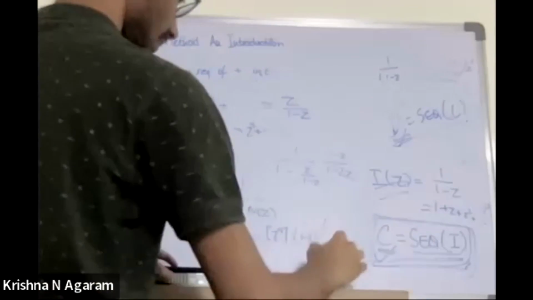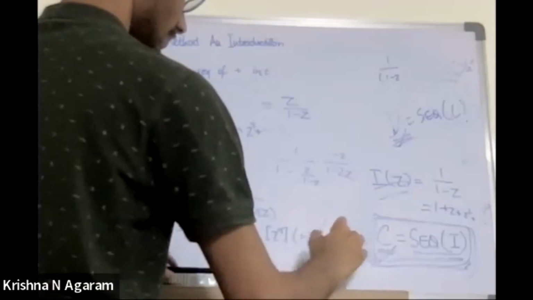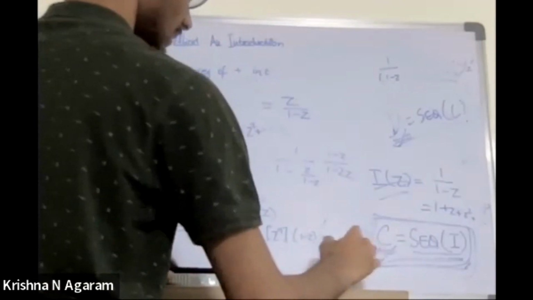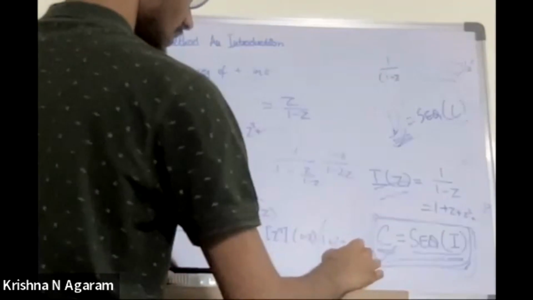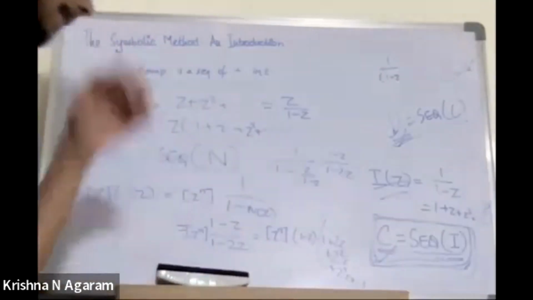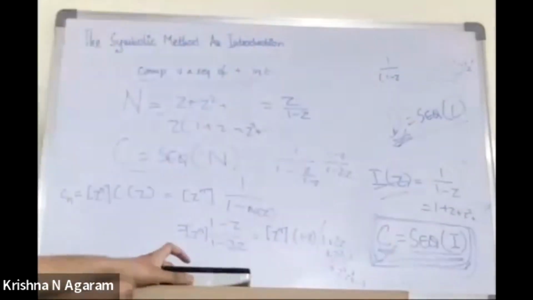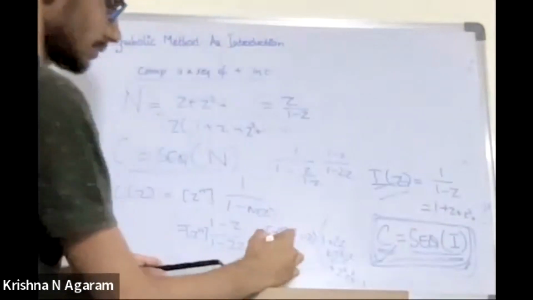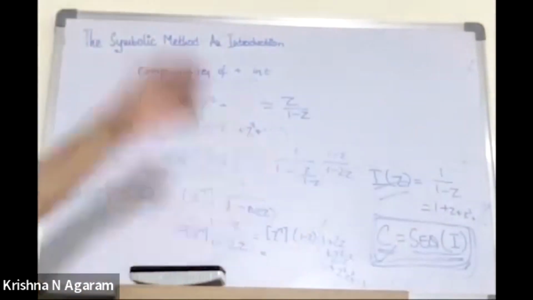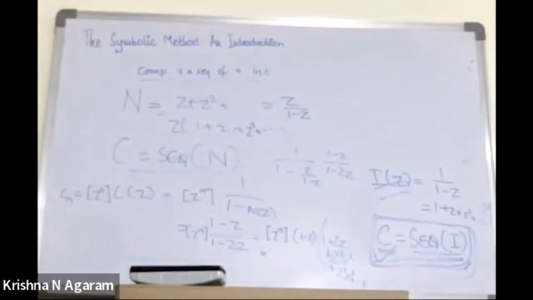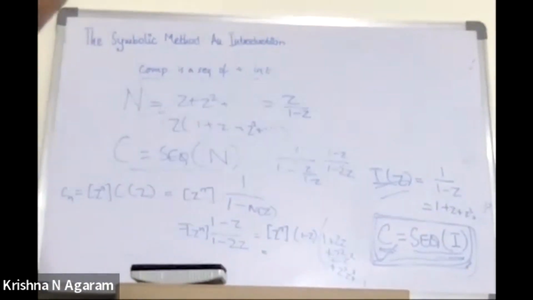We know the expansion: 1 minus z times 1 plus 2z plus 2 square z square plus 2 cube z cube, and so on. Can anyone tell me what this coefficient is? Simple extraction from a generating function.